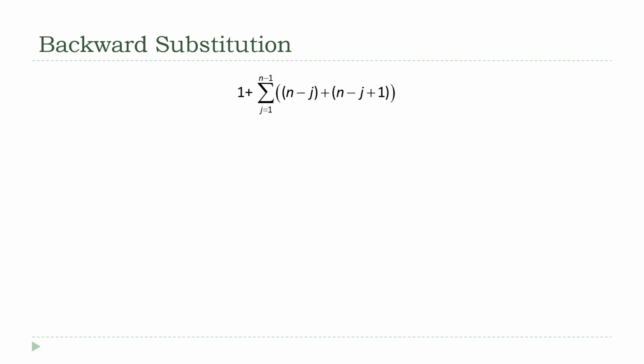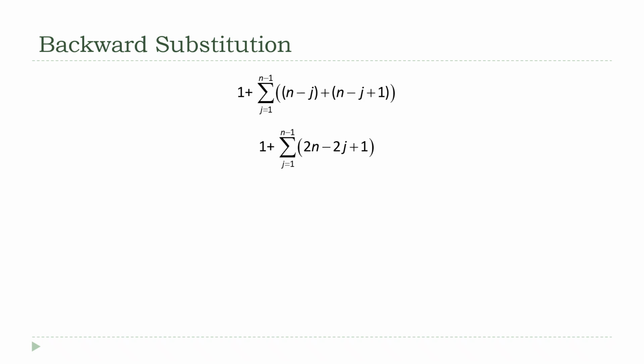Okay, so again, we're going to have to do some algebra manipulations here and then ultimately use those same summation formulas again. So to start with, I'm just going to simplify what's inside the parentheses. That comes to 2n minus 2j plus 1. Then I'm going to do the same split here. I'm going to split this into the parts that have a j and the parts that don't have a j.